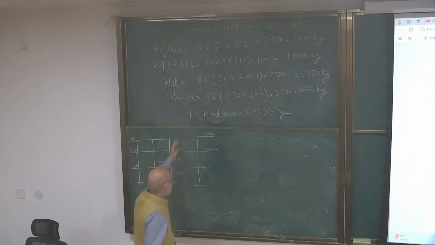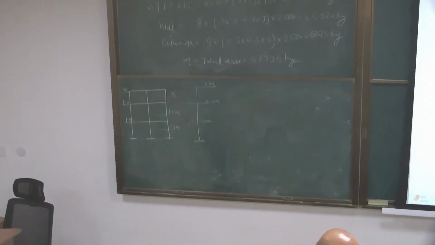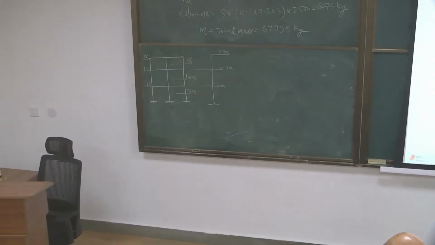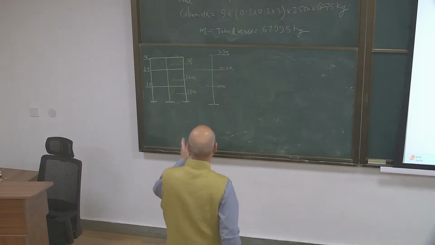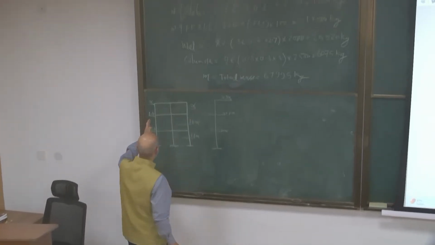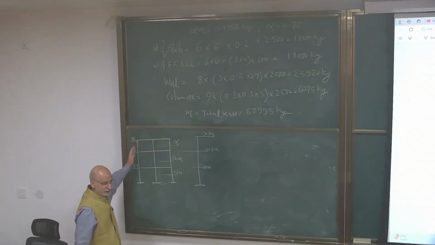Because deflected shape will always be proportional to the mass of the floor. Deflected shape is always proportional to the mass of the floor. Okay, so these are the masses basically, precisely rationalized masses.